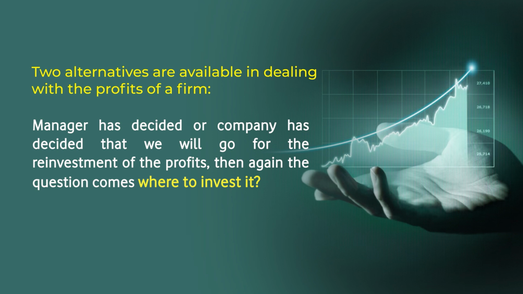Now, as soon as the manager or company has decided that we will go for reinvestment of the profits, then again the question comes where to invest it. So, again the role of the investment decision is there, then the financing decision, working capital management, and lastly again the dividend policy decision.